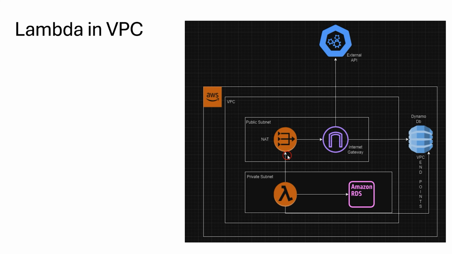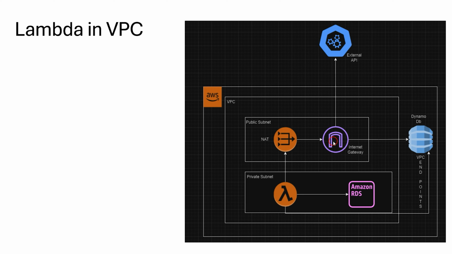And this NAT gateway, with the help of the internet gateway, can access a public external API like this. Okay, so you understand, right? To give your Lambda, which is deployed inside a VPC, access to the public internet, it requires a NAT gateway with an internet gateway so that by using this, it can access the external API.